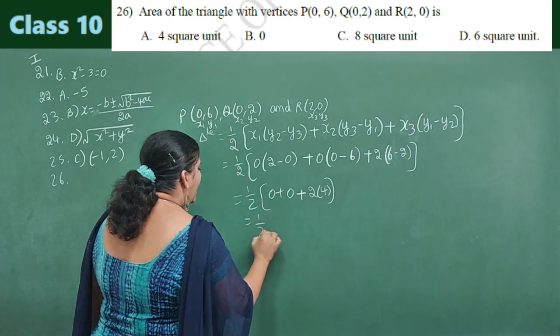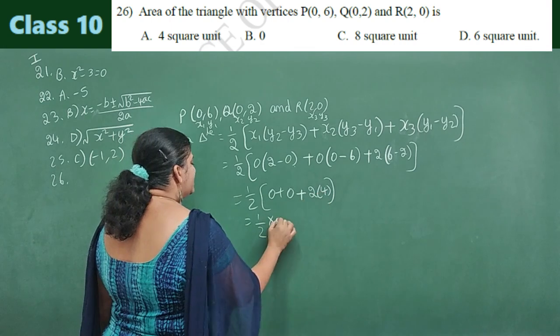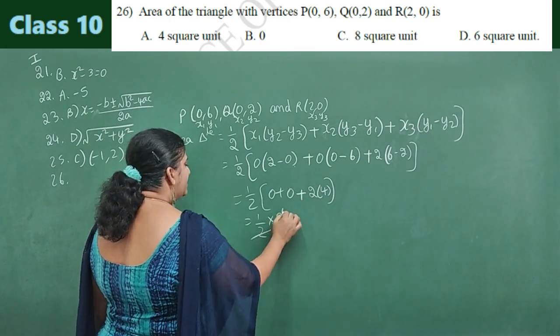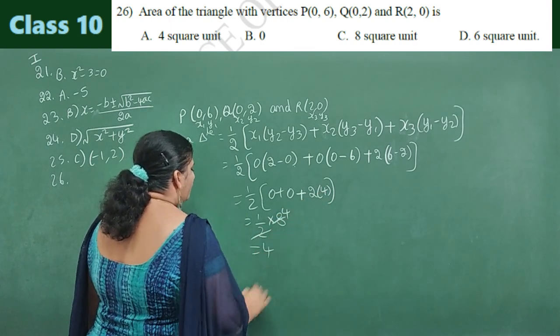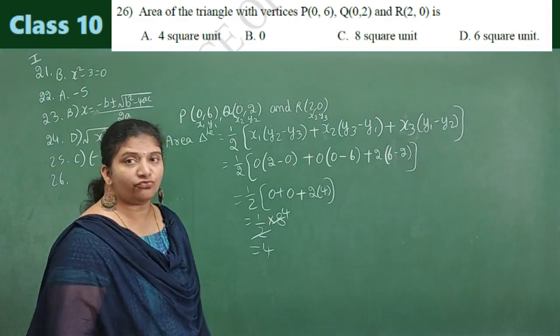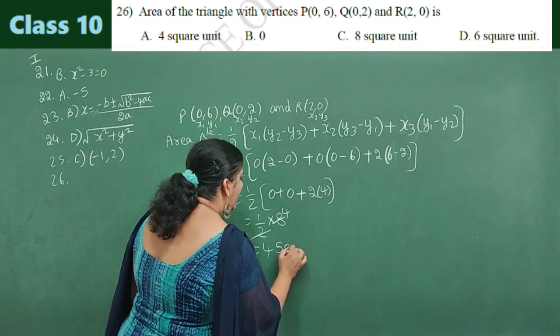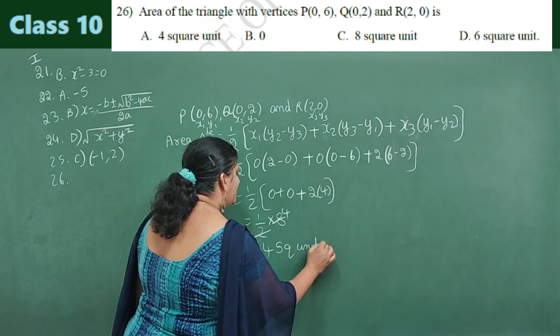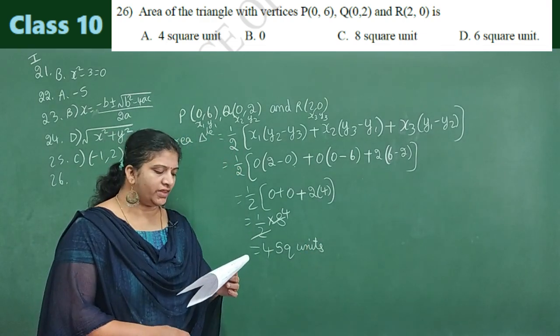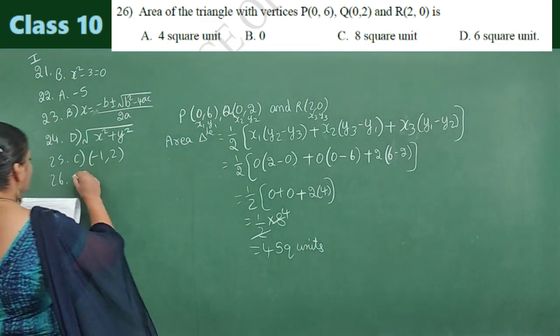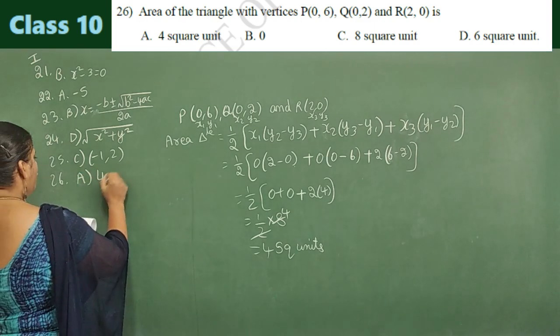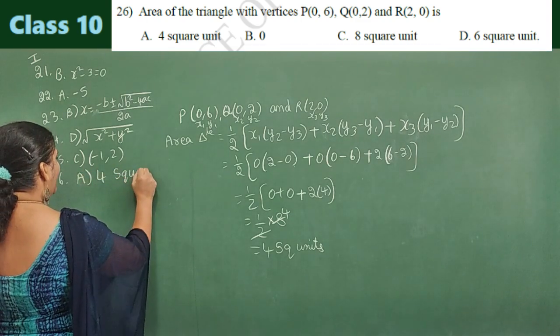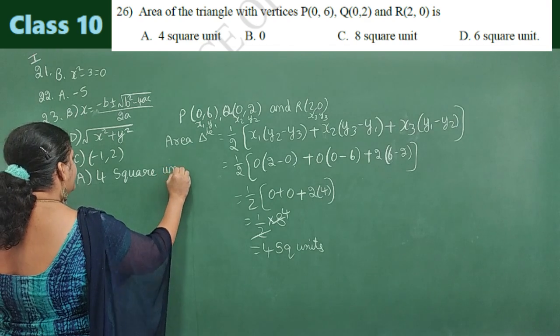Then this will be half of 2 fours are 8. Cancel, 2 fours are 8. Therefore, the area of the triangle is equal to 4 square units. Right? Check for the option. Your option is option E, 4 square units.